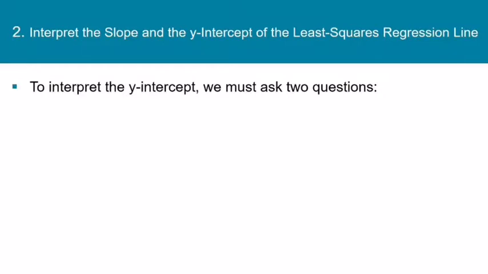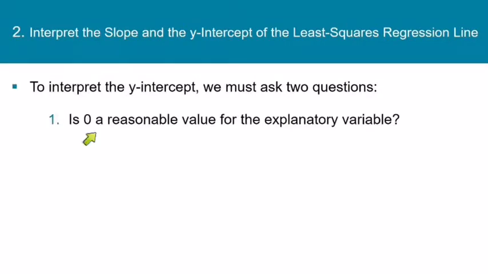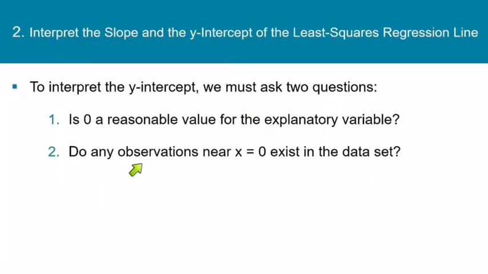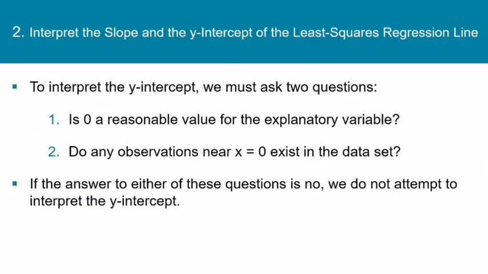So to interpret the y-intercept, we must ask two questions. One, is 0 a reasonable value for the explanatory variable? And two, do any observations near x equals 0 exist in the data set? If the answer to either of these questions is no, then we don't attempt to interpret the y-intercept.